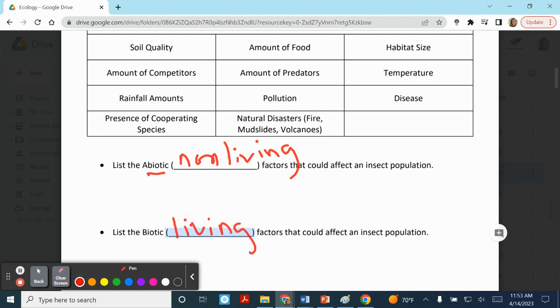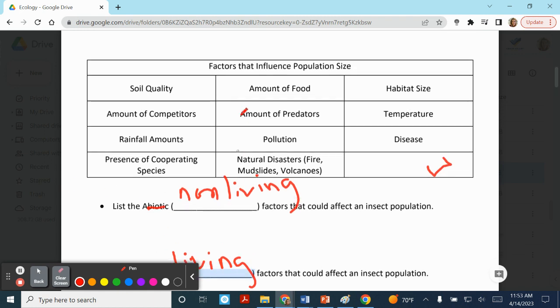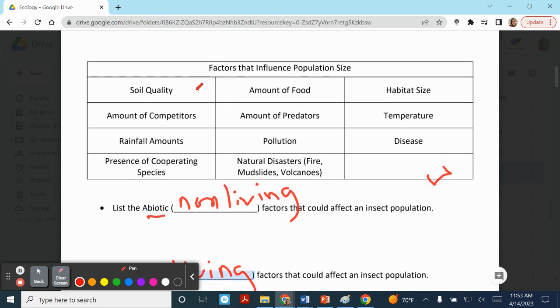Instead of writing out which of these factors are non-living and which are living, let's just put an A for abiotic or a B for biotic next to these limiting factors, or factors that can influence population size of an organism.